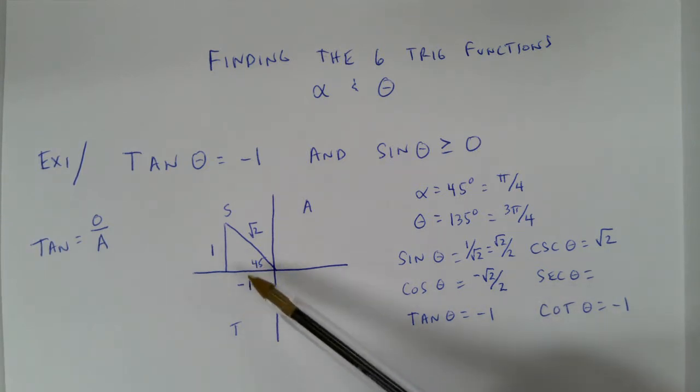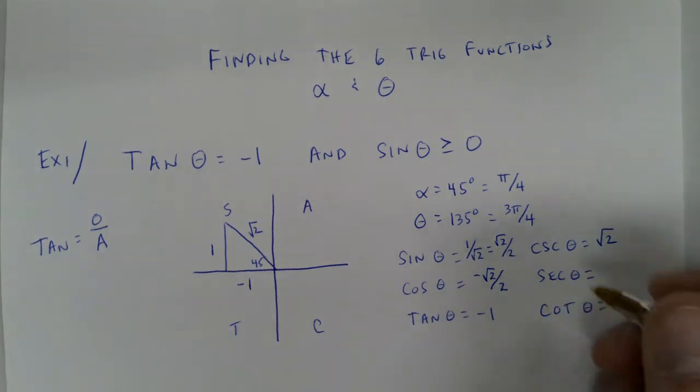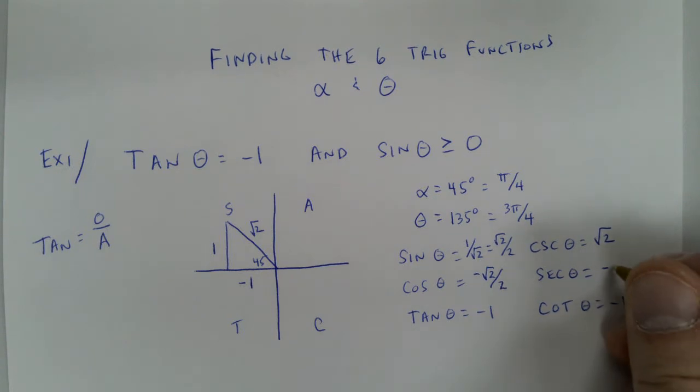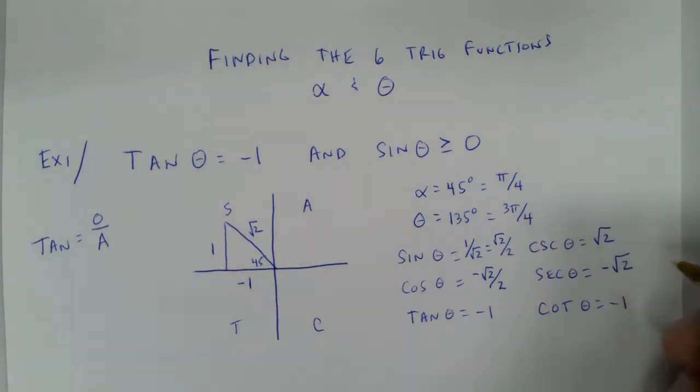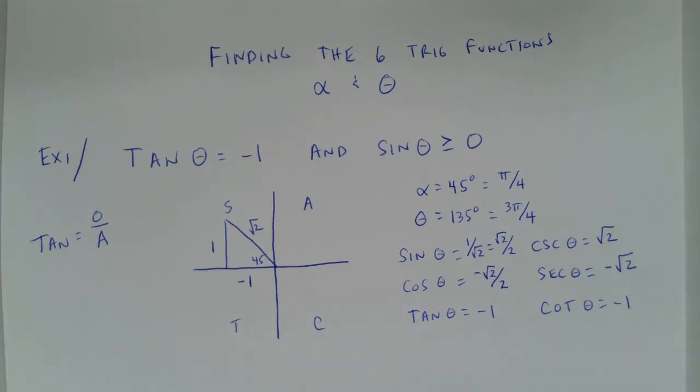And then the secant is going to be negative radical 2. So not to confuse you by bringing in the unit circle, but that is another way you can figure those values once you start to get to know your unit circle.